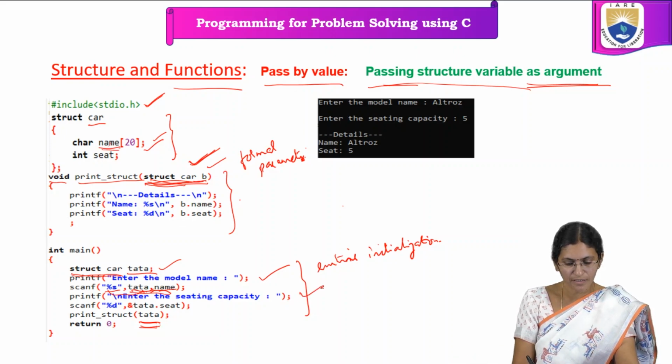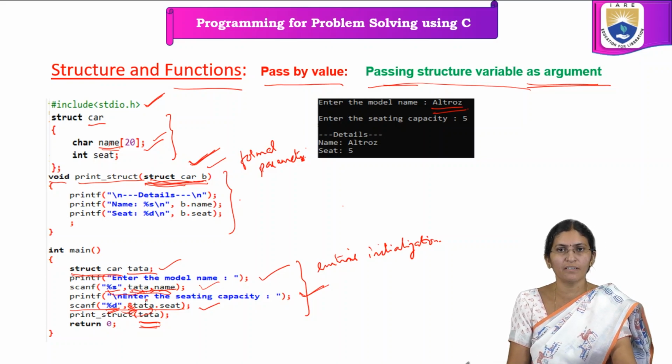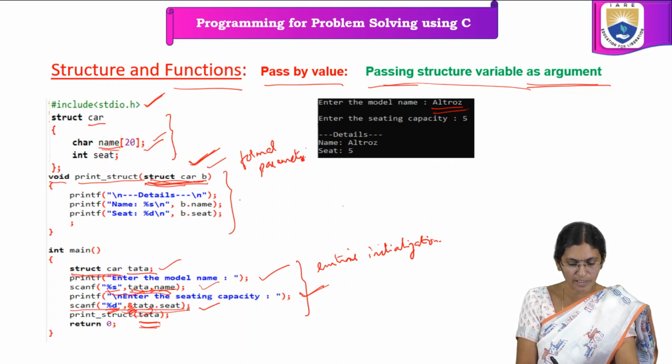Then after entering some value, some array of characters, some string here, suppose we enter all truths here. After that, it will prompt the user to enter the seating capacity. Again, by means of the scanf function, the user has to give the seating capacity of the corresponding car. %d is the format specifier to input an integer value, and the corresponding variable is data.seat, which is preceded by the ampersand symbol, because in the scanf function we need the address operator.